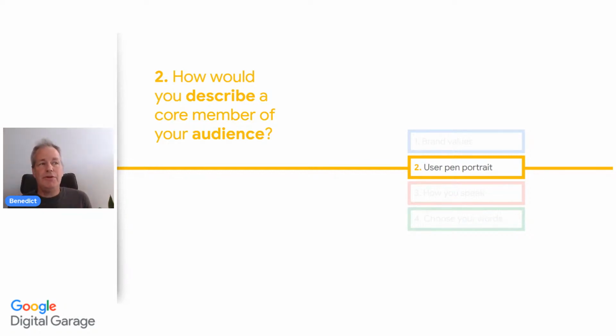So how would you describe a core member of your audience? The big thing is, we talk about in all our talks, we always talk about know your audience. And it might sound a little bit like, oh God, they're going on about my audience. But the point is, you have to know your audience as much as possible. There's a well-known quote. I'm not quite sure exactly who said this, but it's a well-known one.